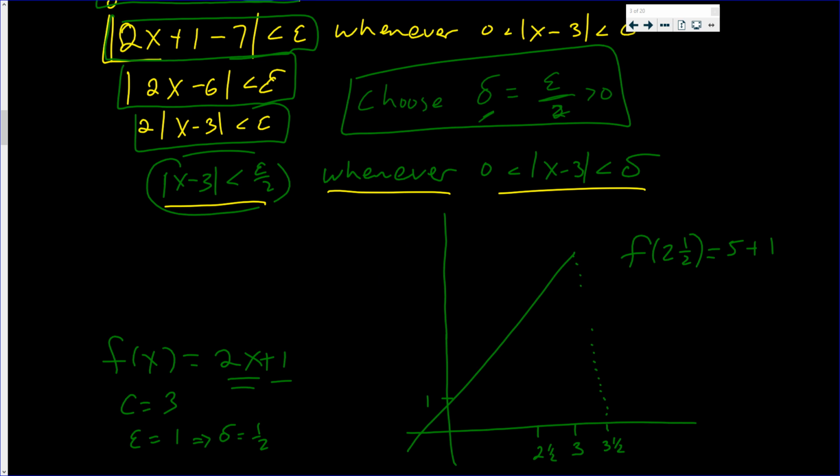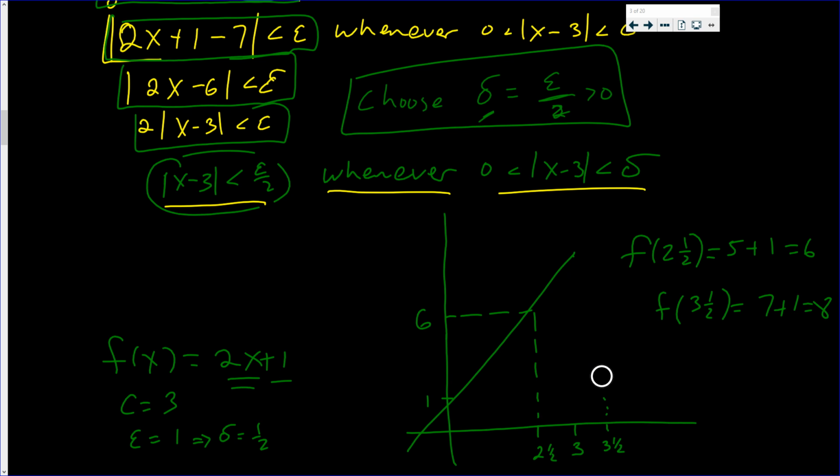So f of 2.5 is 6. 5 plus 1 is 6. f of 3.5, you double it and add 1, it's 8.